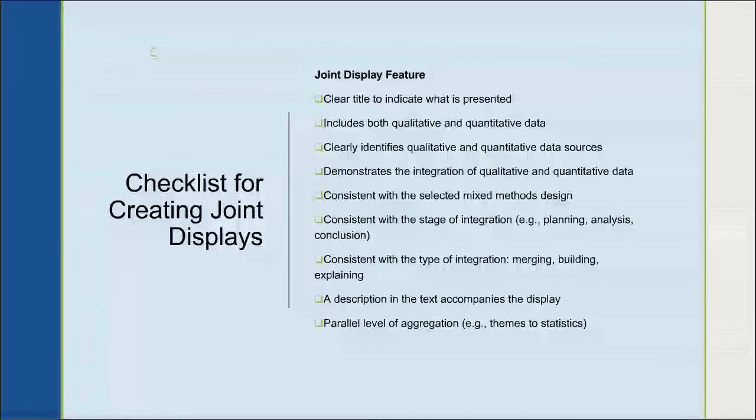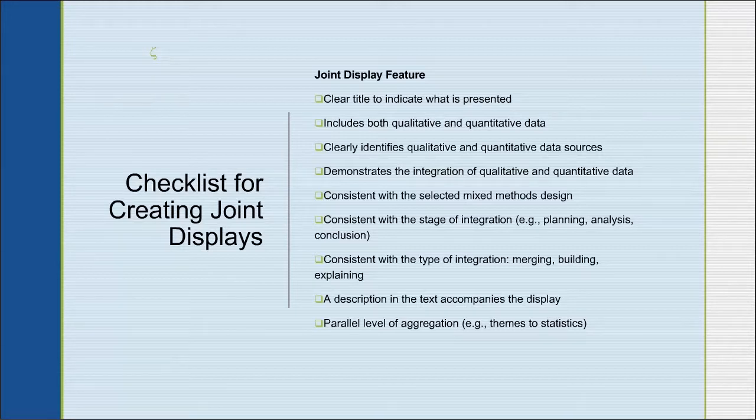So a checklist, some things to remember: a clear title to indicate what's presented, and ensure that it brings through both quantitative and qualitative data. Of course, it could be aggregated results, identifying what those sources are, demonstrating the integration consistent with your design, stage of integration, and type of integration. And then you can write about this. A joint display can become a way to organize your prose.